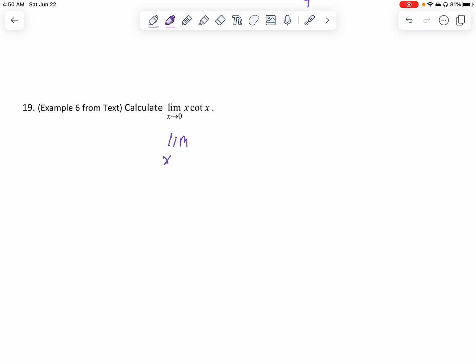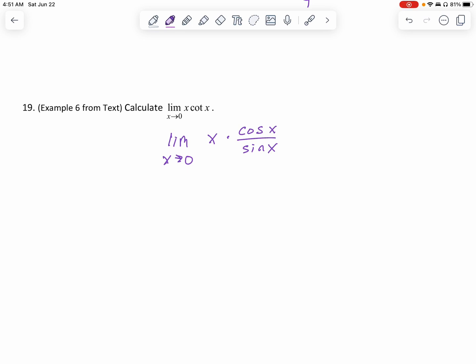So we're going to change this to x times cosine of x over sine of x. I can't put in the 0 directly because I'll get a 0 for sine of x in the denominator, and that's a problem.